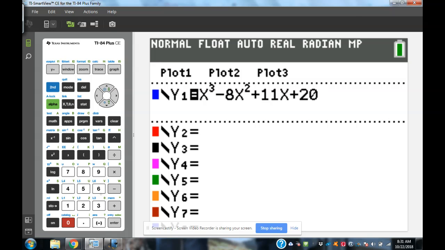Make sure you type that in correctly. Y equals is the top left button, right underneath the screen. Clear out anything else you've got going on there. If you happen to have one of these things darkened in up there, you need to get rid of that.